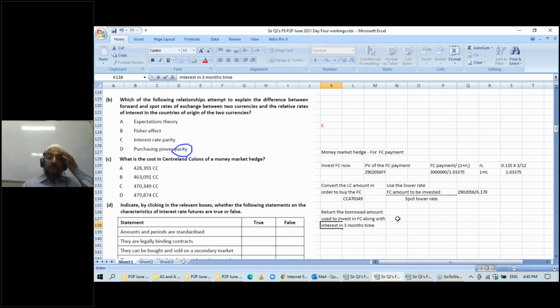Okay, so now in 3 months time, how much amount will be repaid? So it will be amount of borrowing multiplied by 1 plus what rate should it be? RB, the borrowing rate. And in which currency? As you have borrowed the local currency, so it should be the local currency amount.